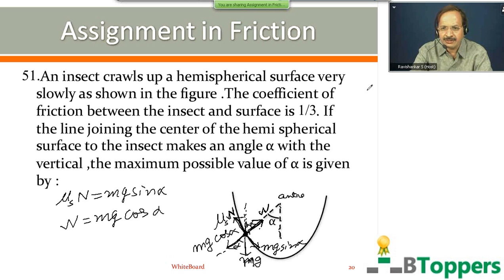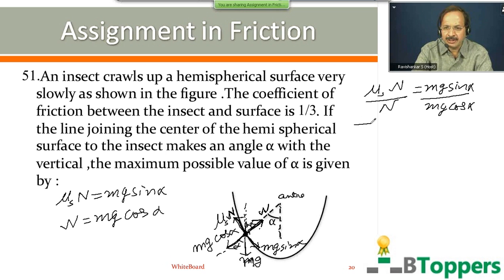So divide the first equation by the second. mu_s N by N is equal to mg sin alpha by mg cos alpha. So when the insect is in limiting equilibrium at the highest possible position, we can write tan alpha equal to mu_s. A similar equation we got earlier for a body at rest in limiting equilibrium on a rough inclined plane. Here mu_s is given as 1 by 3.